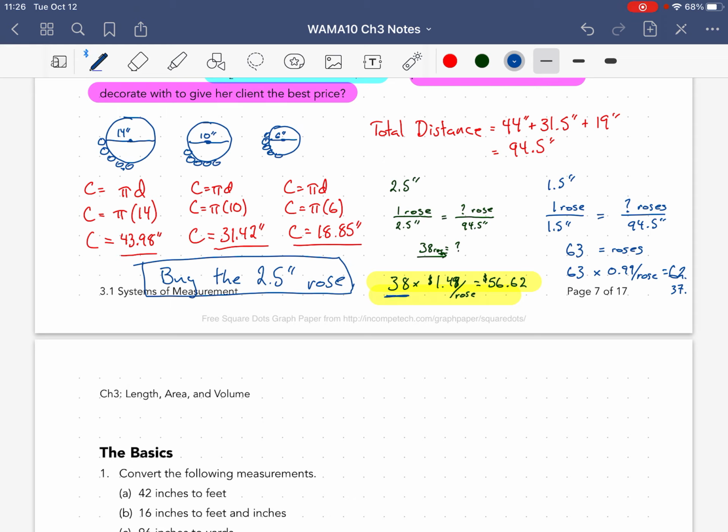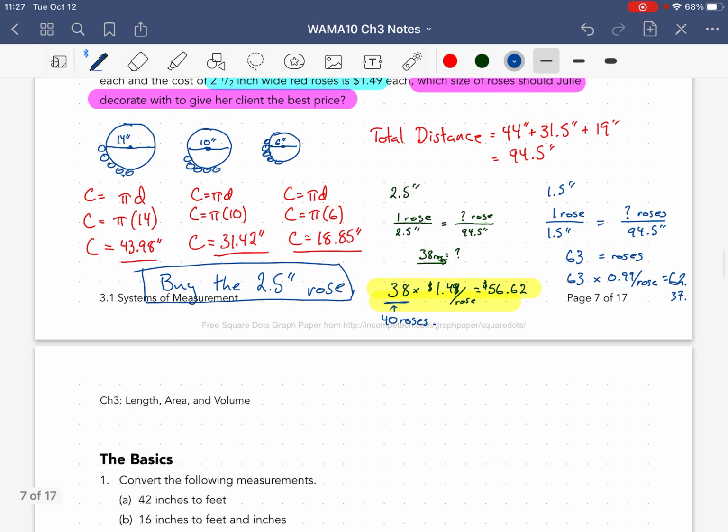So I would even jump this up to 40 roses, just to make sure I have some extra. My time is valuable, my driving costs money, so having 2 or 3 extra roses wouldn't be a bad thing. But having to go all the way to the store to keep buying more because I underestimated would not be good.